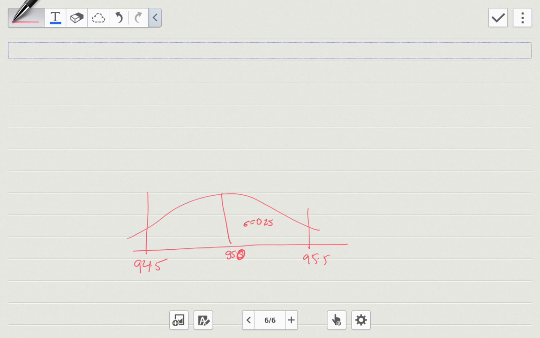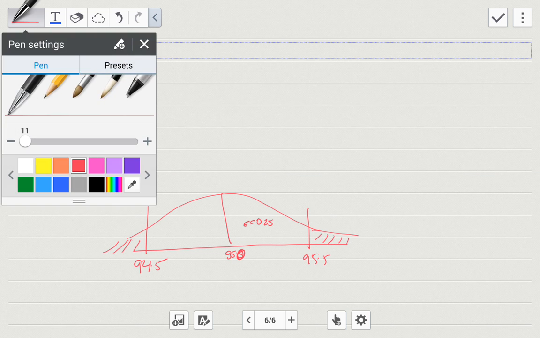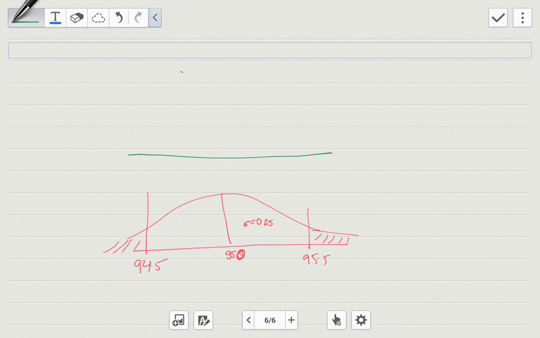Okay, so to find out what percent is outside of it, that is, what is right of 95.5 and left of 94.5, the trick always is to make another normal distribution, a very special normal distribution which we call standard normal, that has a mean of 0 and a standard deviation of 1. And we plot this, we extrapolate these lines and try to find what the equivalent lines are.